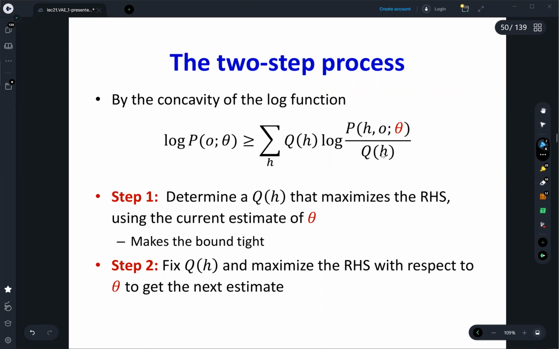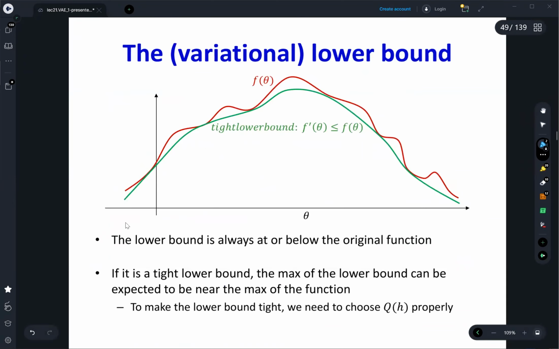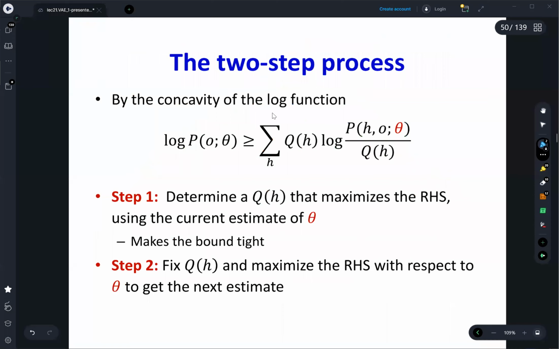Once I choose that Q of H, then I no longer have a summation inside the log, right? I'm going to fix that Q of H and choose theta to maximize this term. So basically what we're going to do is iteratively choose a Q of H at any point such that the Q of H gives me a tight lower bound. And then at that tight lower bound, I'm going to maximize the lower bound.